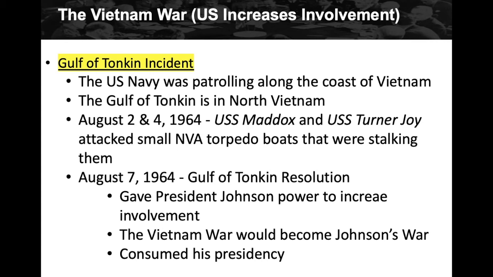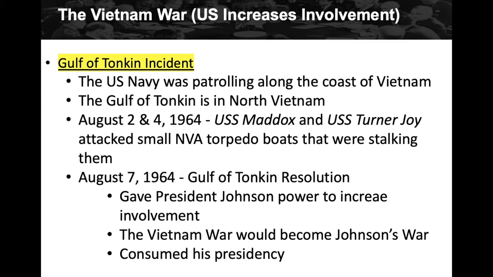On August 7th, 1964, President Johnson signs the Gulf of Tonkin Resolution, and that gave President Johnson power to increase involvement in Vietnam. And now this is where Johnson kind of takes over, and the Vietnam War would become Johnson's war.